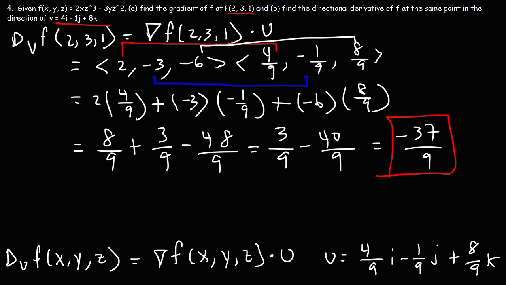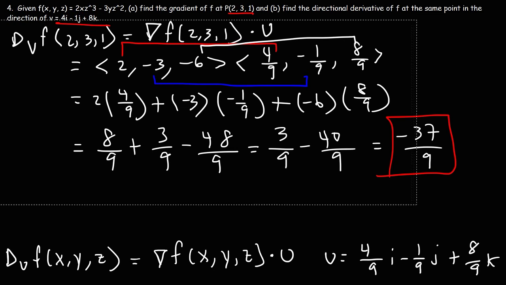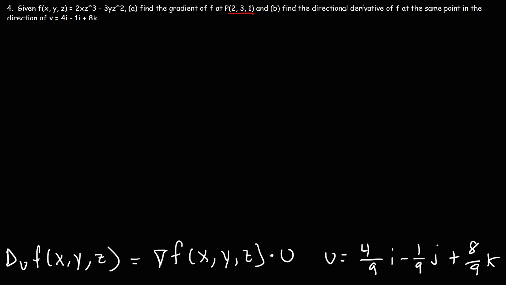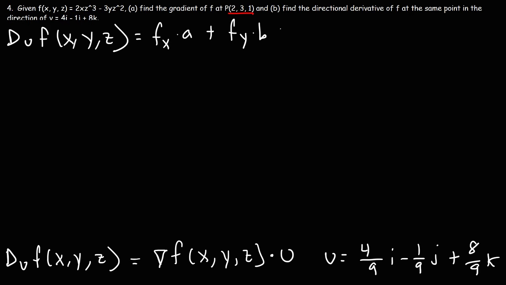Now another way that we could have gotten the same answer is we could have found the general form of the directional derivative first using this formula. It would be the partial derivative with respect to x times a plus the partial derivative with respect to y times b plus the partial derivative with respect to z times c. And keep in mind, we have a, b, and c.